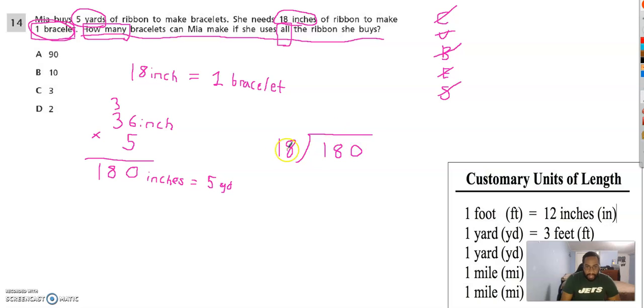Okay. Now, how many times does 18 go into 18? One time. Excellent job, Juliet. Also bring down the 0.